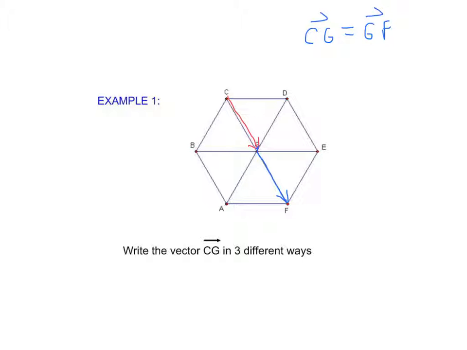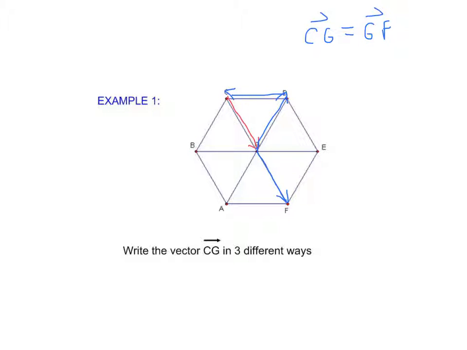So another way to write our vector CG would be to write it as the sum of 2 other vectors in our diagram. What if we were to travel from point G to point D and create a vector there in that direction, and then travel from point D back to point C along this vector?